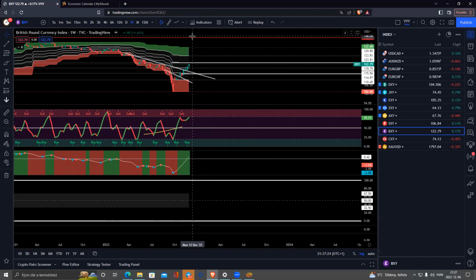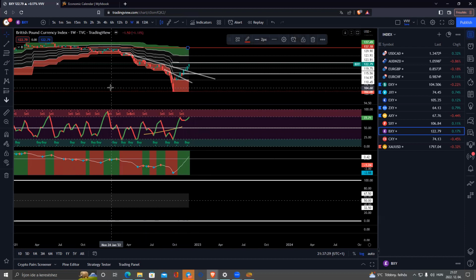But first this, and after that the previous high was the target. It's a bit far away right now, but if the BXY does its move, because it's already a big correction, as you see in the past few weeks. Okay. Target zone reached. Let's see the next.